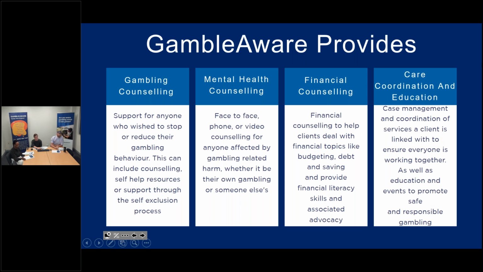We can provide self-help resources and we can support clients through self-exclusion, which is basically a voluntary agreement that's binding with venues that they're not going to go in or not going to be allowed to go in and actually utilise their poker machines or any other types of betting or gambling.